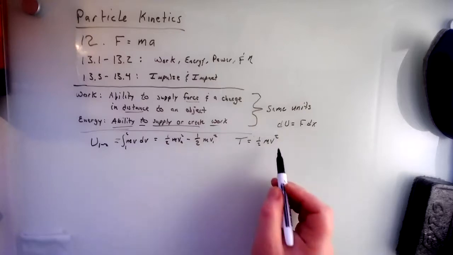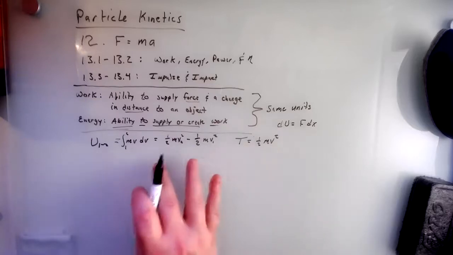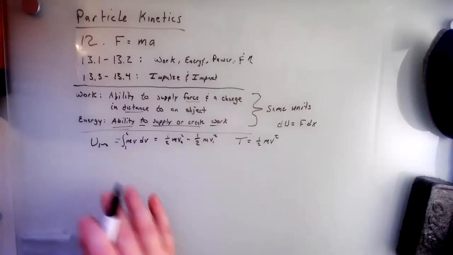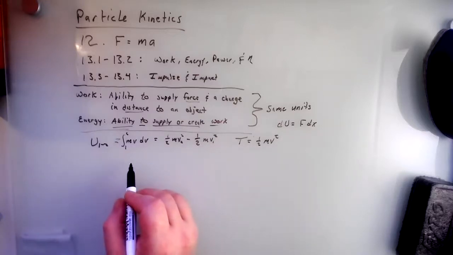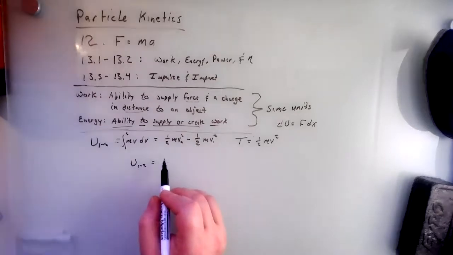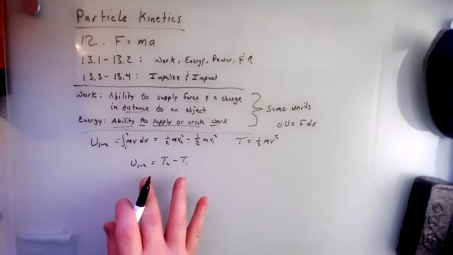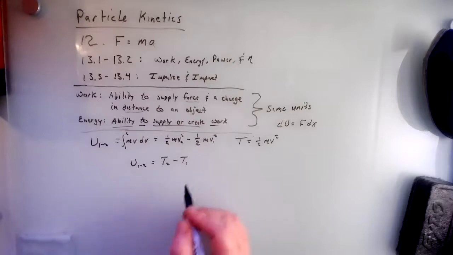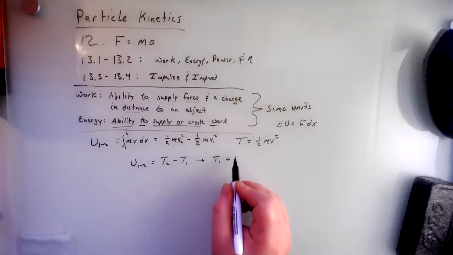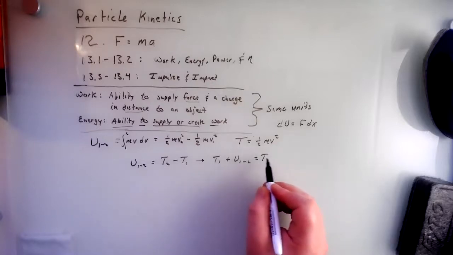This is the generic, no subscripts version. So if we wanted to rewrite this in terms of T and U, then we would say that U1 to 2 equals T2 minus T1. And this is usually rewritten as T1 plus U1 to 2 equals T2.